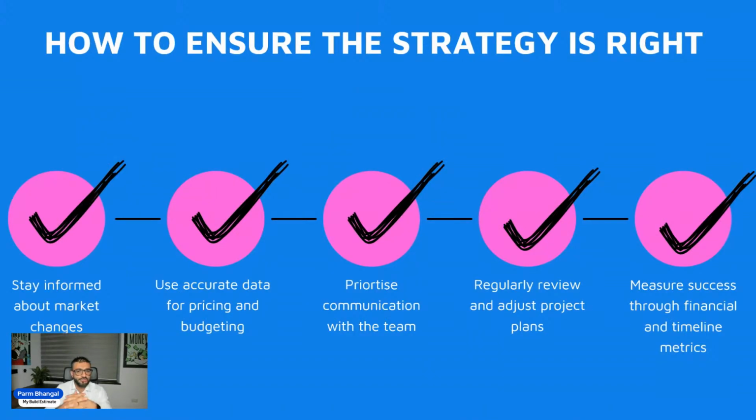So how to ensure the strategy is right? You've got to stay informed about market changes. Again, we're talking about people at various stages of the construction process. We're talking about various sizes of organization.